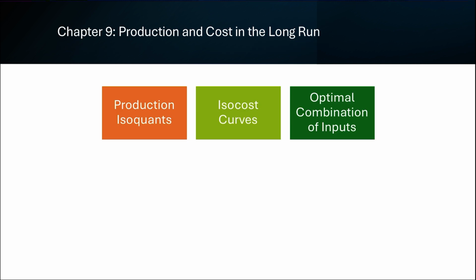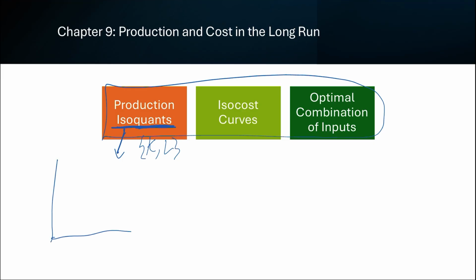Okay, so let's focus first on these three. We're going to look at isoquants, isocost curves, and the optimal combination of inputs. It turns out that this is going to be similar to optimal consumption choice in the last module. And so for our production isoquants, we're looking at combinations of capital and labor that map to the same quantity, iso meaning same quantity. So what combinations of capital and labor get us to the same quantity?